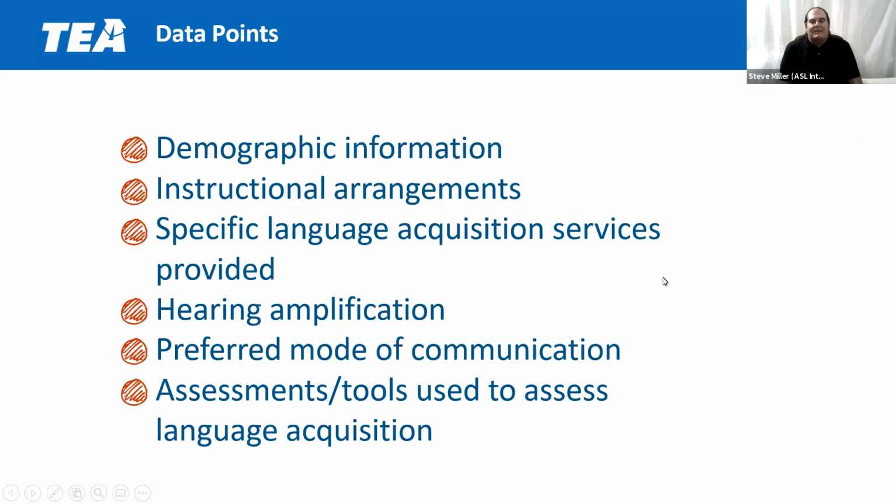And the third is specific language acquisition services that are provided, like I just mentioned in the previous slide. That has to be given by a special education teacher, or a deaf education teacher, or a teacher of blind and deaf-blind, and a parent infant advisor, SLP, speech and language pathologist.